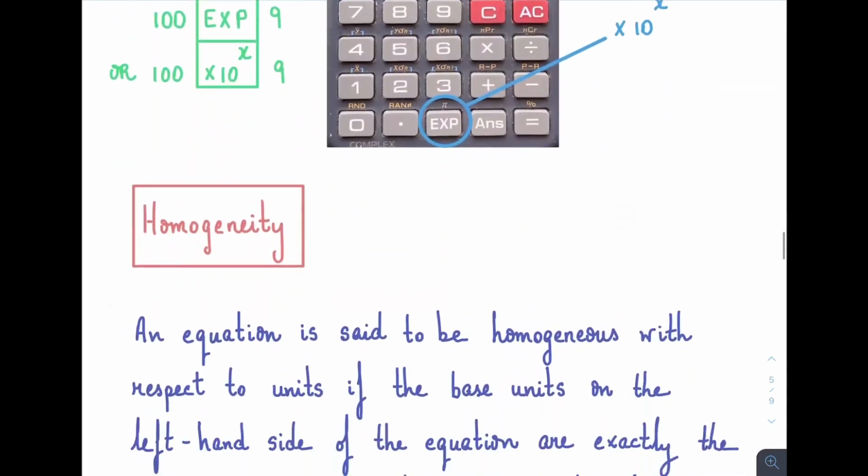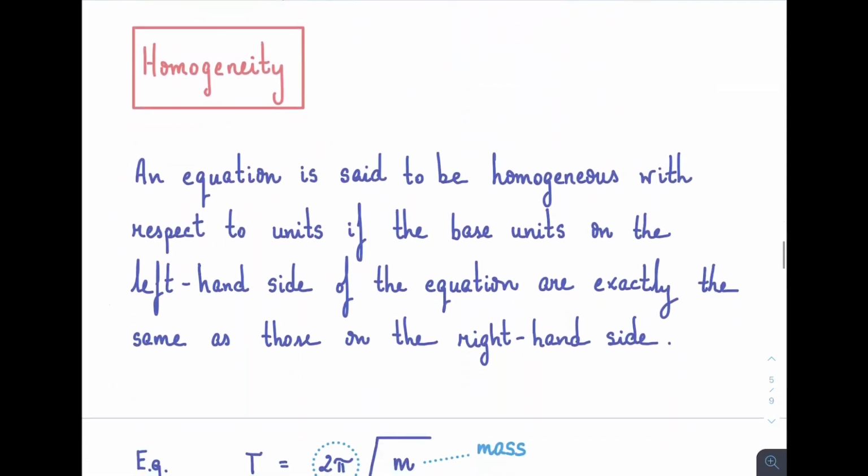We'll now discuss homogeneity. An equation is said to be homogeneous with respect to units if the base units on the left-hand side of the equation are exactly the same as those on the right-hand side.